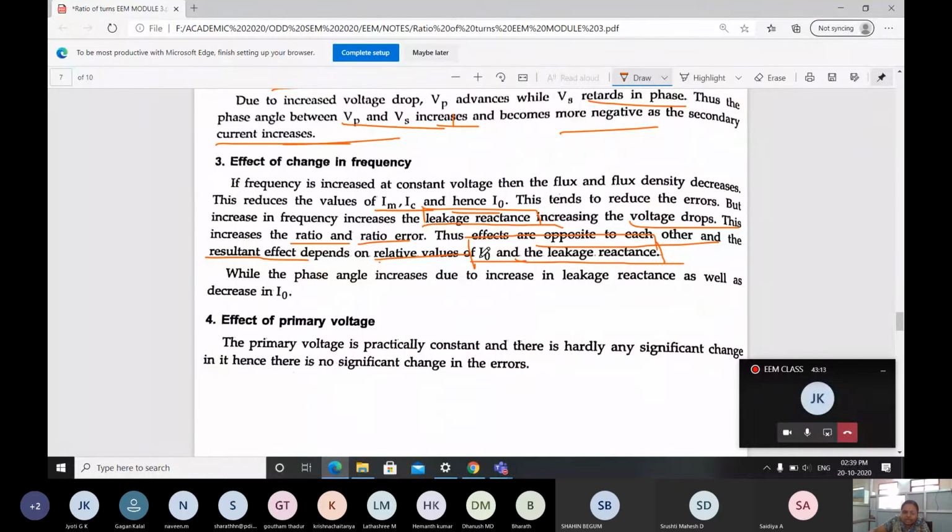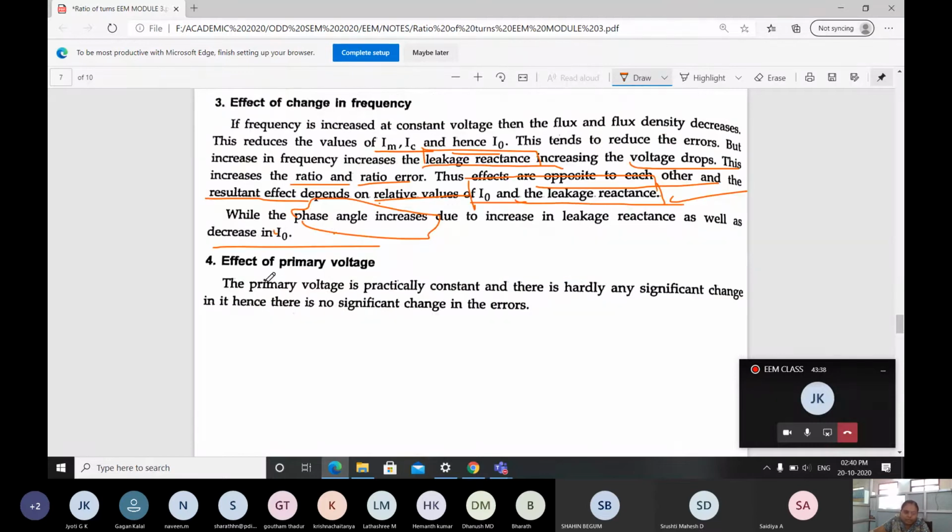The phase angle increases due to the increase in the leakage reactance and decrease in the I0. That's what it means. Next, the effect of the primary voltage.